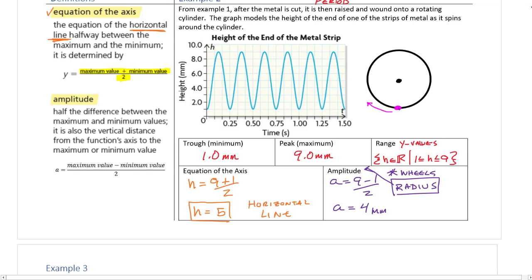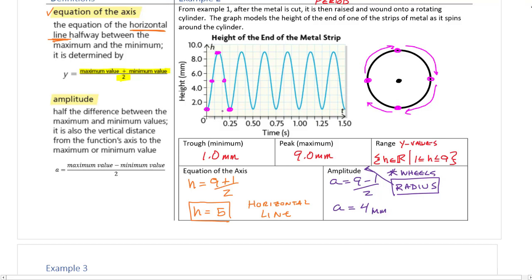So think what would happen. We start at the bottom. That's this point right here. As it rotates upwards, right? Let's just think it gets to this point here, halfway up. That's right there. And then it keeps going. It gets to the top. That's right here. And then it starts to rotate down, right? Rotates down. That would be right there. And then it gets back to the bottom again, right here.